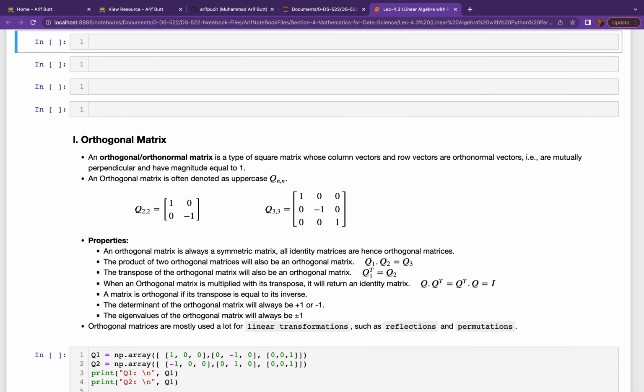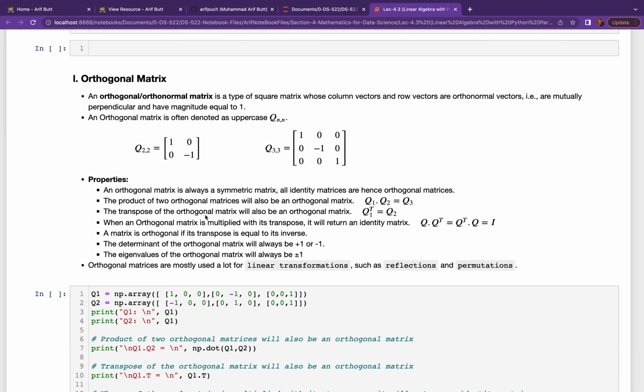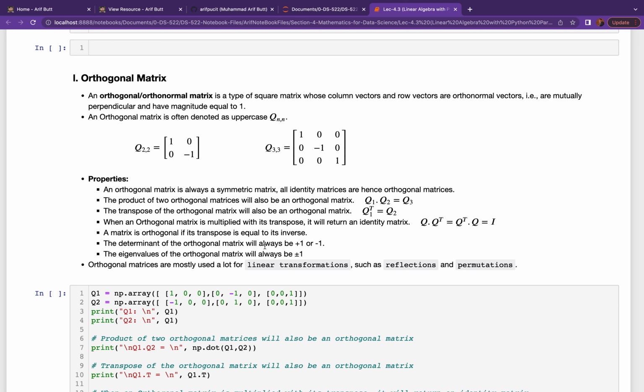Finally, we have the orthogonal matrix. People call it the queen matrix as well, and that is why it is represented with a Q. It is a type of square matrix whose column vectors and row vectors are orthonormal vectors, that is, mutually perpendicular to each other and have a magnitude of 1. And these are some of the important properties of the orthogonal matrix. If you take the product of two orthogonal matrices, you get another orthogonal matrix, and the transpose of an orthogonal matrix will also be an orthogonal matrix.